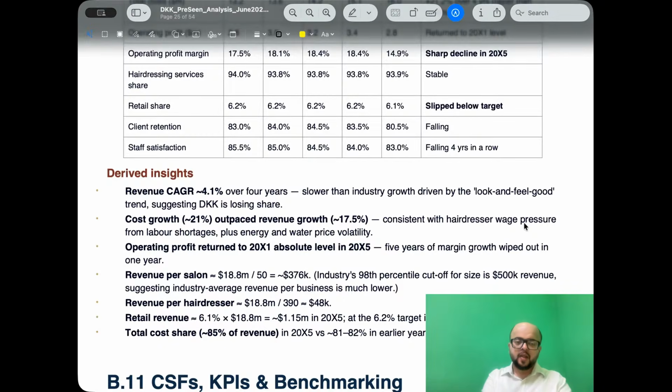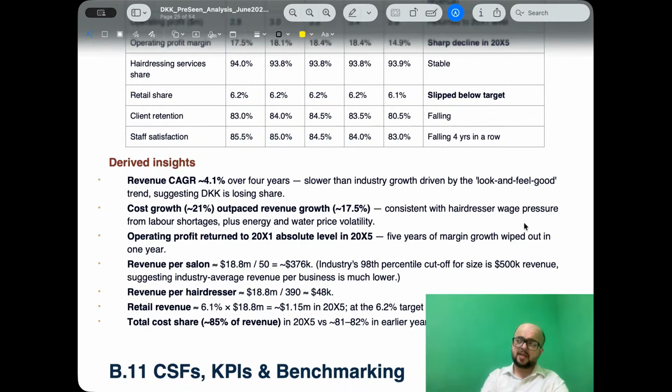Okay. Now, derived insights: you have financial data. Here you have tried to match this data with the other points given in the pre-seen, and then you are trying to understand whether those two things are consistent with each other. For example, the revenue compound annual growth rate is 4.1% over 4 years, slower than industry growth, driven by the look and feel good trend, suggesting that DKK is losing its share. In this particular economy, it's a stable economy, right?